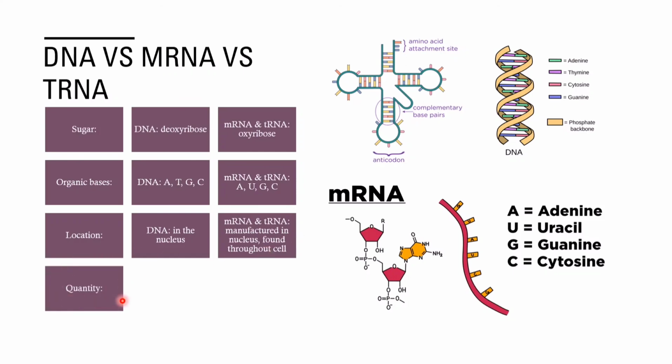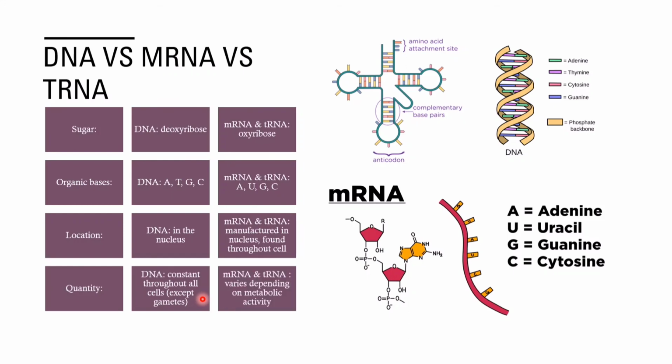And its quantity: for DNA, the quantity is constant throughout all cells, except our gametes, of course, which have half the DNA content of a normal cell. While for mRNA and tRNA, the quantity in a cell varies depending on metabolic activity.